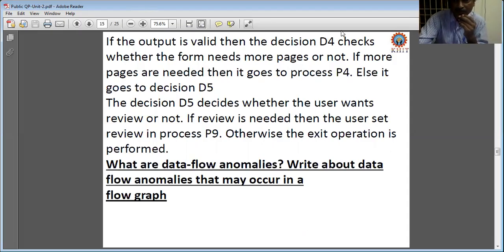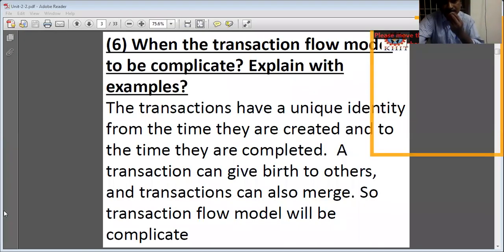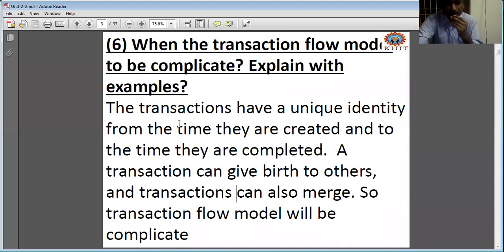Now, what are the different problems? That is the question now. Actually, complicated transaction flow. This complicated is nothing but the transactions have a unique identity from the time they are created to the time they are completed.